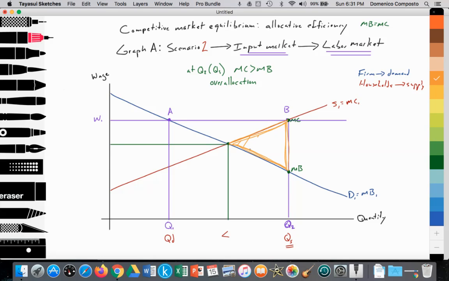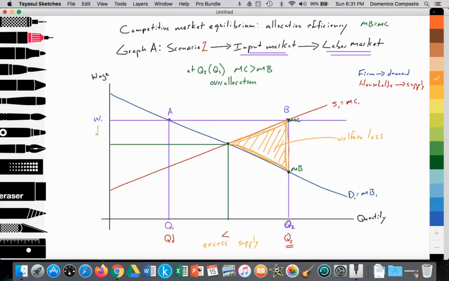So this orange triangle represents our welfare loss. With an overallocation, we see there is an excess supply: too much labor being provided, quantity supplied of labor greater than quantity demanded.